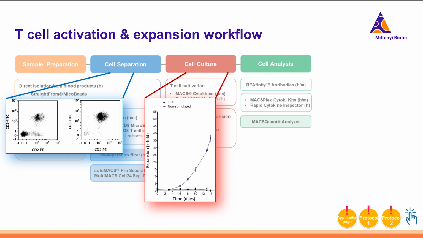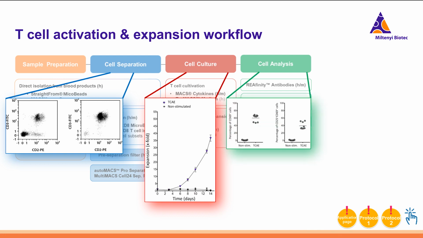Then, the T cells are activated and expanded, for example with the T Cell Activation/Expansion Kits or TexMACS, TexMACS medium, as well as MACS cytokines such as IL-2 premium grade. Lastly, the phenotype and activation status is analyzed using, for example, REAffinity antibodies and the MACSQuant flow cytometer.